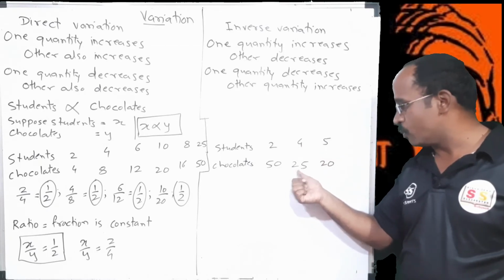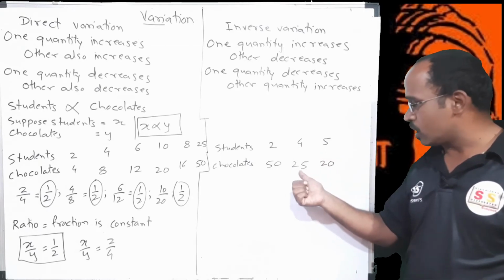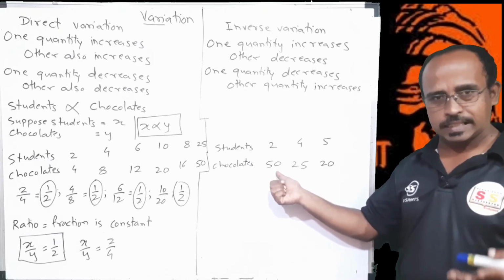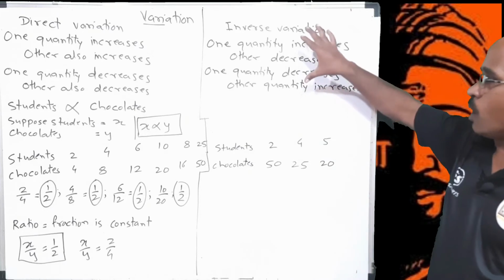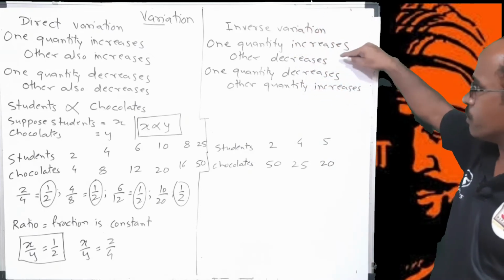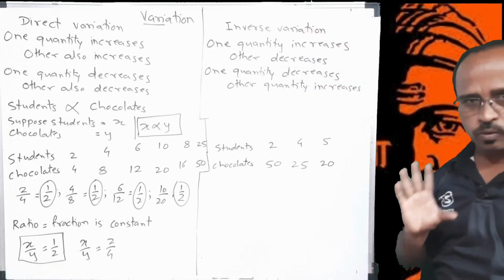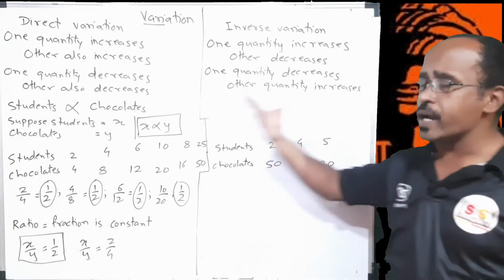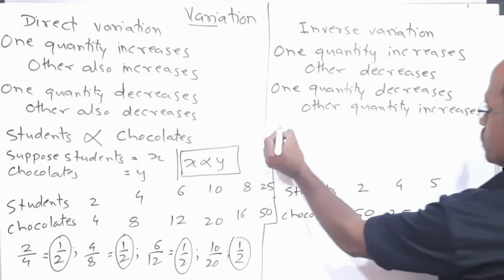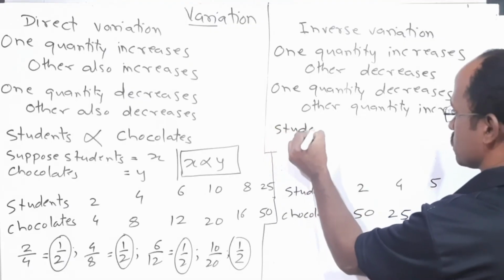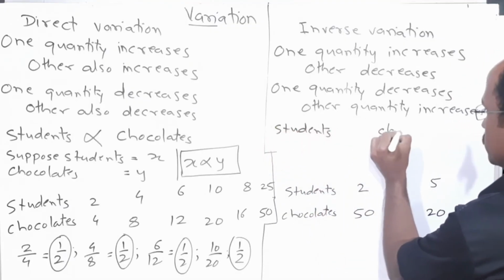Chocolates 25 to 20 decreased. Chocolates 25 to 50 increasing. Students 4 to 2 decreasing. Clear? So how to identify inverse variation based on the changes in the two quantities? Now how to write inverse variation? Which two quantities are there? Students and chocolates.